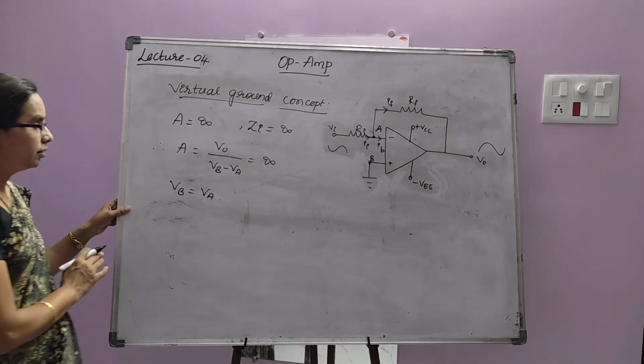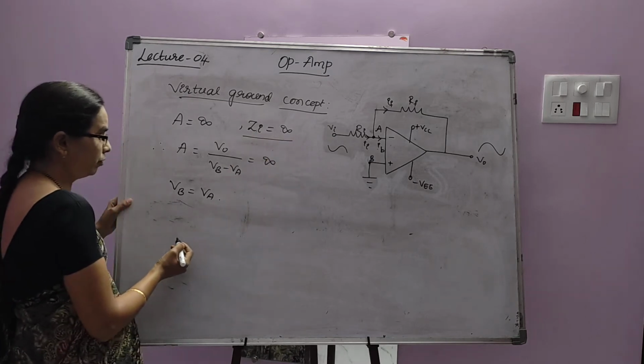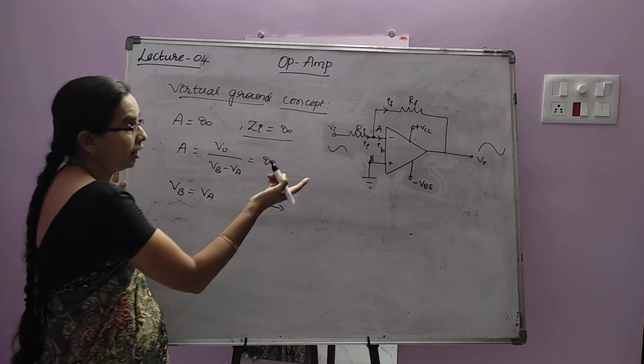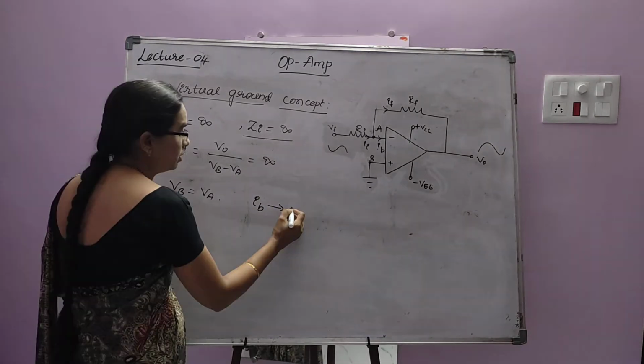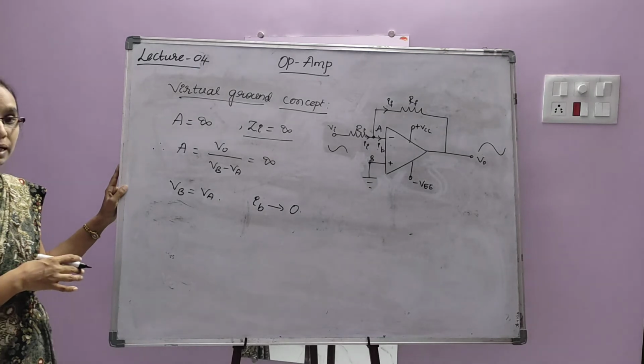Also we know Zi is equal to infinity, and IB, the current entering into the op-amp, will be 0 because it has infinite input impedance.